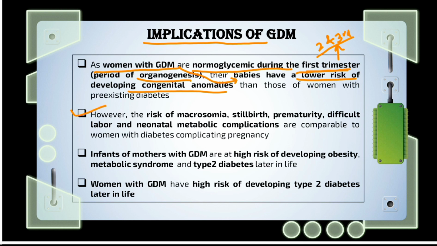However, the risk of macrosomia, stillbirth, prematurity, difficult labor and neonatal metabolic complications is higher among gestational diabetic mothers as compared to normoglycemic mothers, or mothers who are not having any kind of diabetes during pregnancy. Infants of mothers with GDM are at higher risk of developing obesity, metabolic syndrome and type 2 diabetes mellitus later in life.